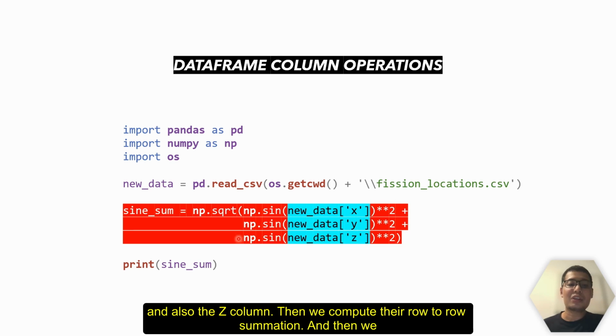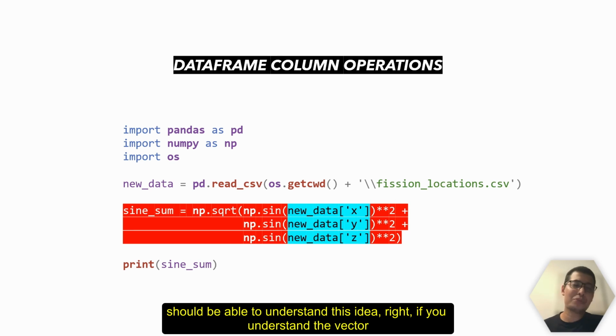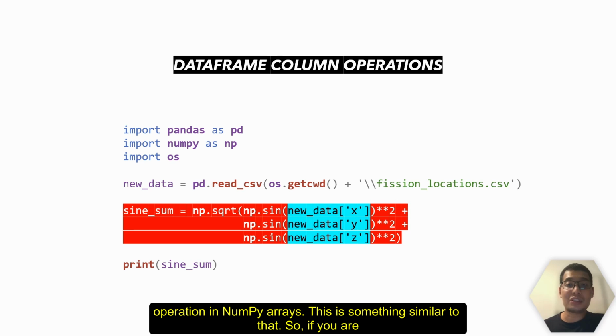Then we compute their row-to-row summations, and then the square root of the values we have computed. I believe you should be able to understand this idea if you understand vector operations in NumPy arrays. This is something similar to that.